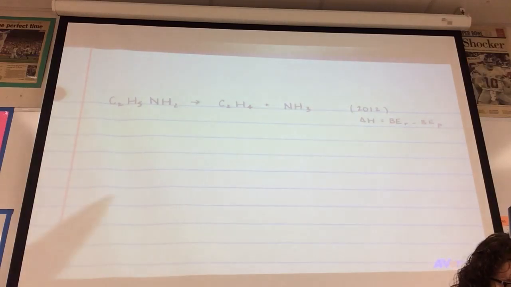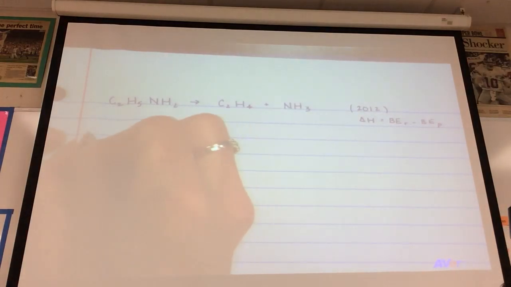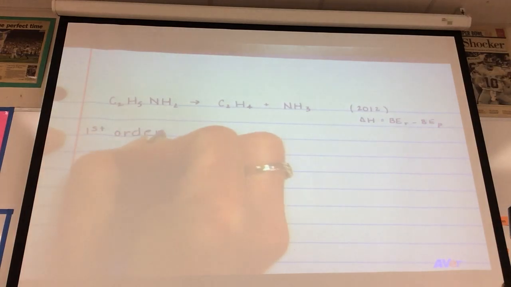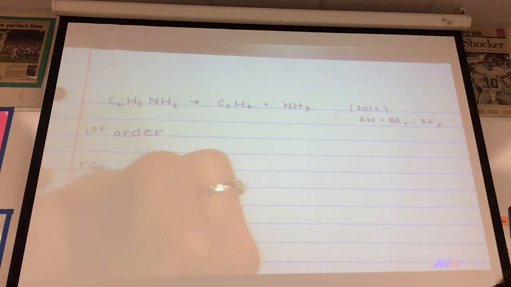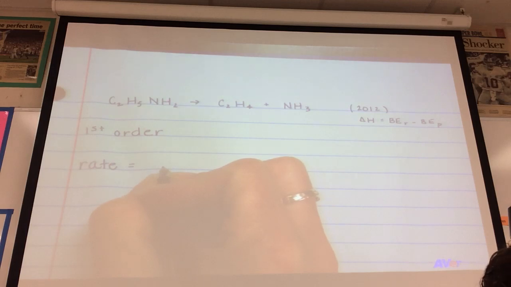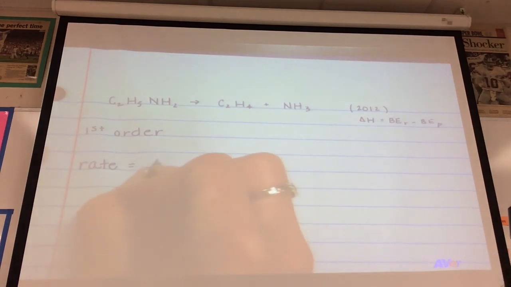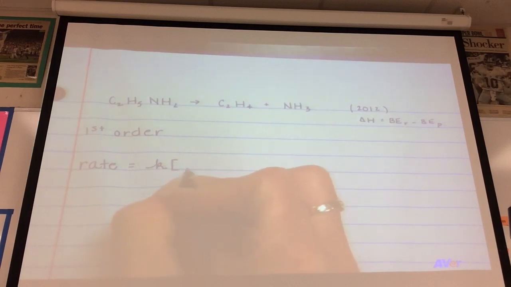In any event, they asked for the rate law, and they told us first order. So what would the rate law be? Every rate law has what in it? K, lowercase k. Now we've got the concentration. Is it reactant or product?